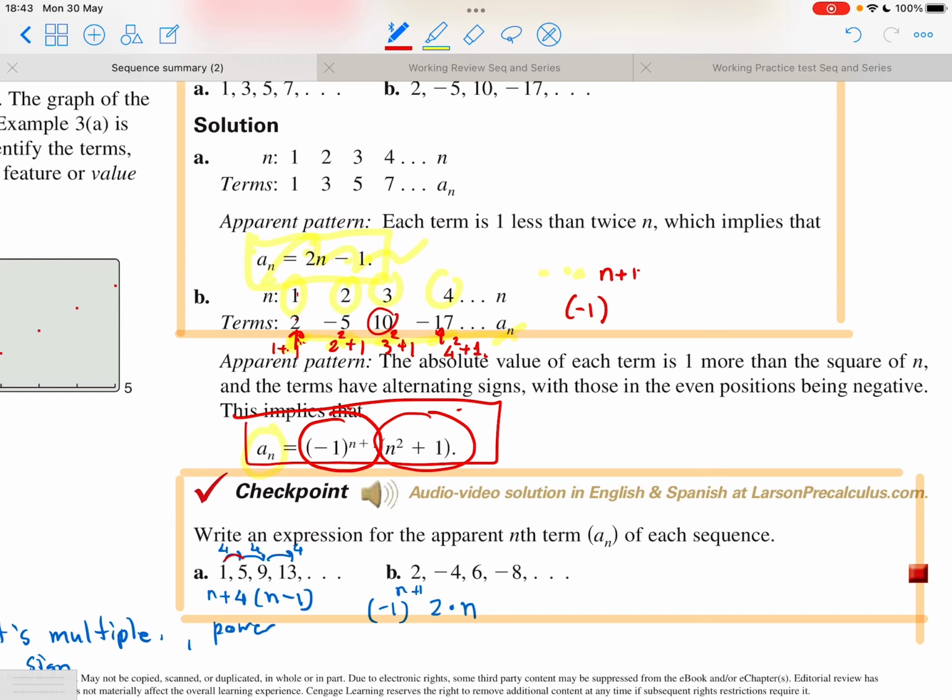In this case, to find if it's arithmetic, the gap would be constant. So the gap is 4, and then 4, and then 4. So that means it's an arithmetic sequence that starts from 1, with 4 times n minus 1.